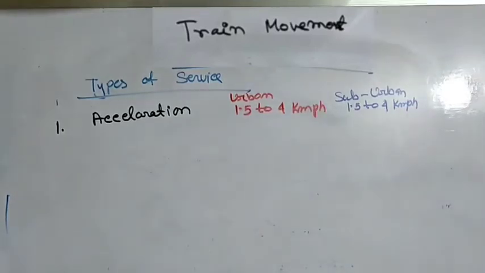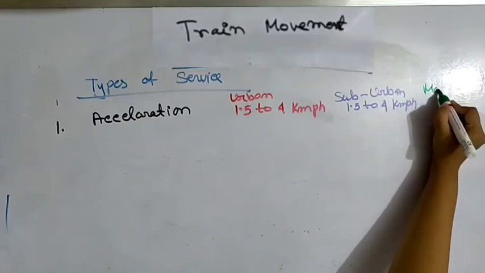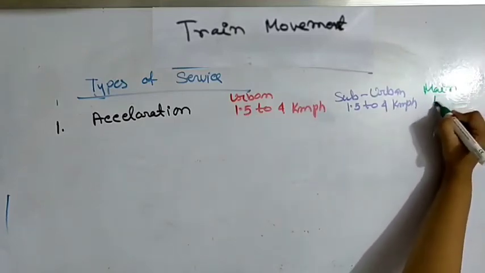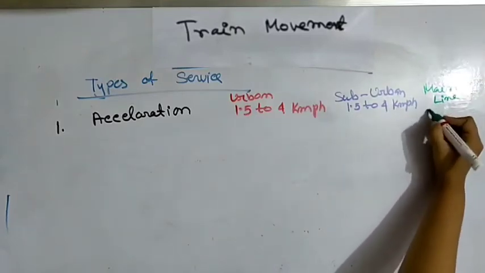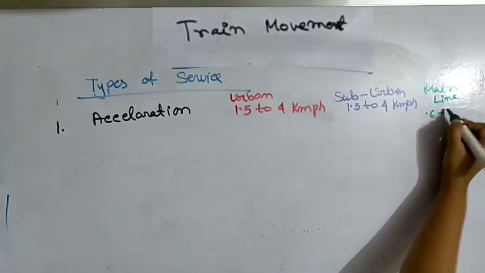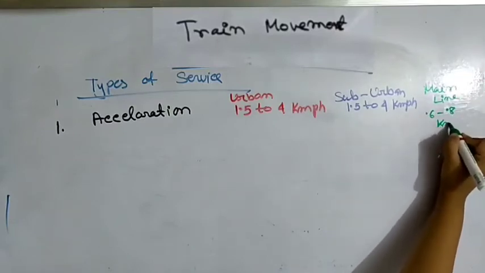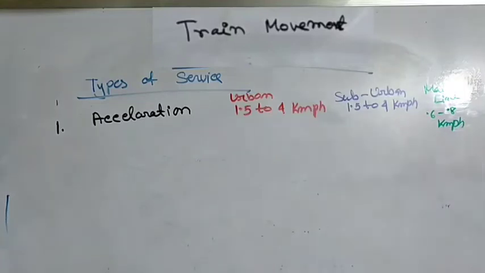And for mainline service, it is 0.6 to 0.8 kilometer per hour per second. Okay.